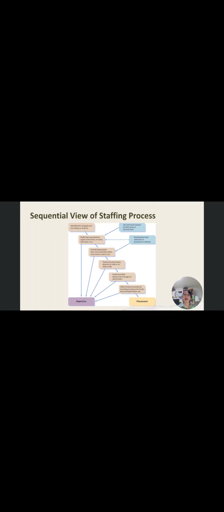Like they take a test, or they do a structured interview, or, if this is not entry level but a mid-level or upper-level manager, sometimes they go through assessment center evaluation, right?